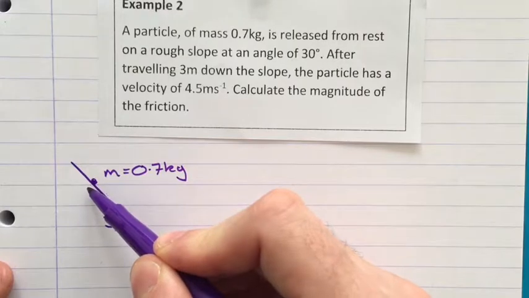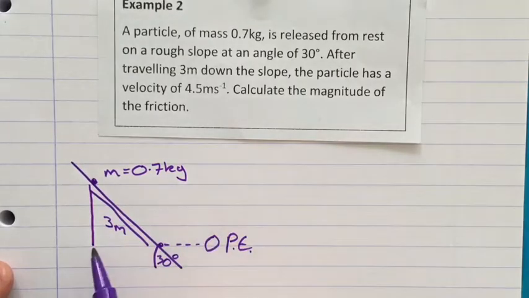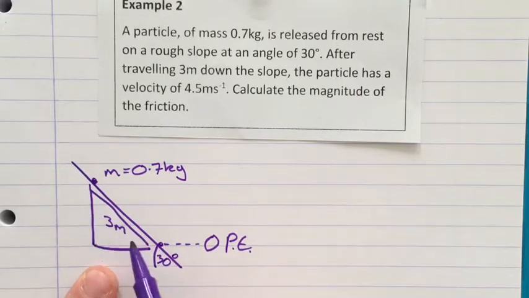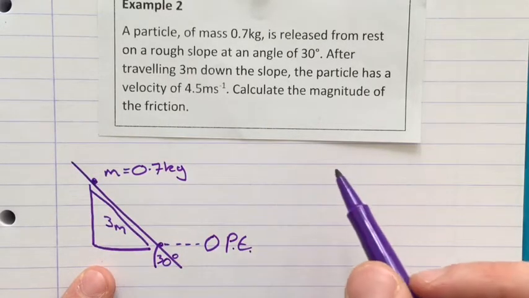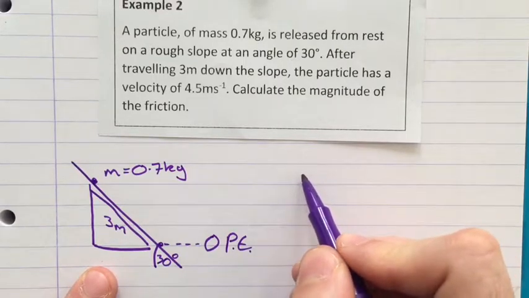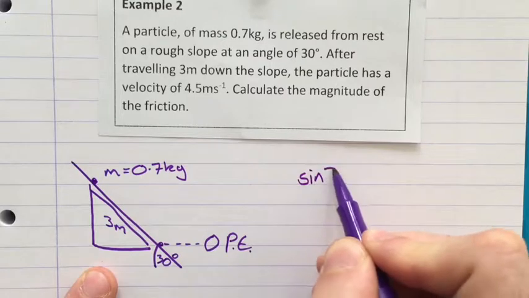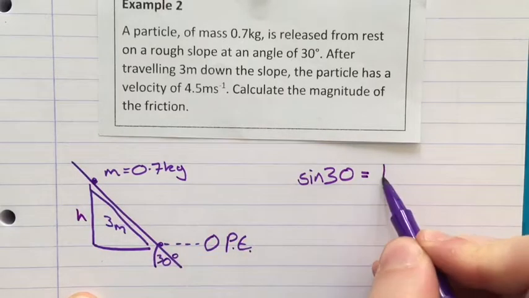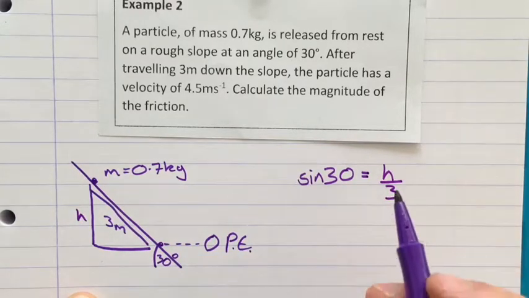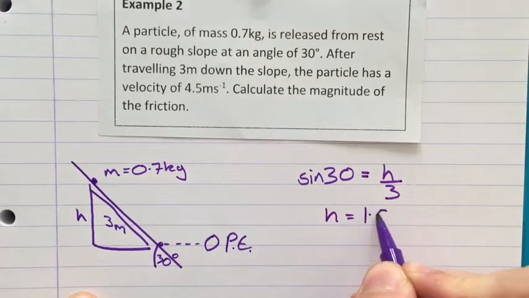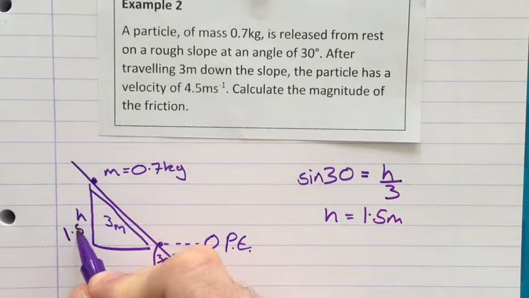If I look down here, this change in height, we've got a nice right angle triangle, a 30-degree angle, a hypotenuse of 3 meters. Whichever way you'd like to work it out, let's do it the old-fashioned way. Sine 30 equals, let's call that h over 3. We should remember sine 30 is 0.5, so h is equal to 1.5 meters. So I'll put that on my diagram.